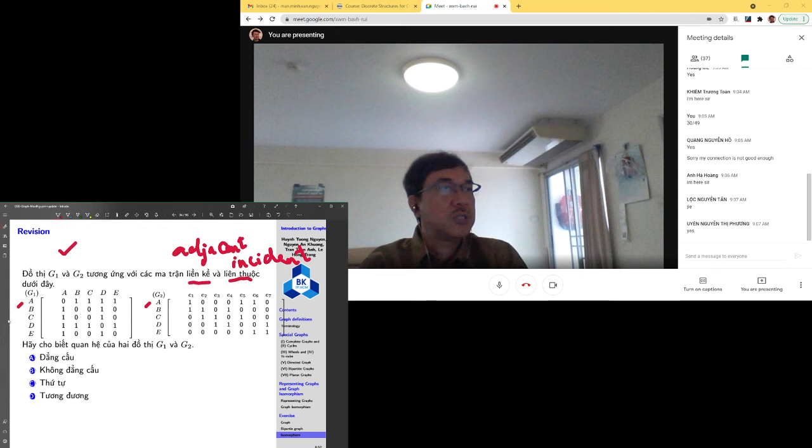Well, the left hand side. So how can we think? Yeah, this is a very interesting exercise. Be careful, because the G1 here is given by the adjacency matrix denoted by AG, but the G2 here is given by the incidence matrix denoted by IG. You understand me? So that means we describe G1 differently from G2.